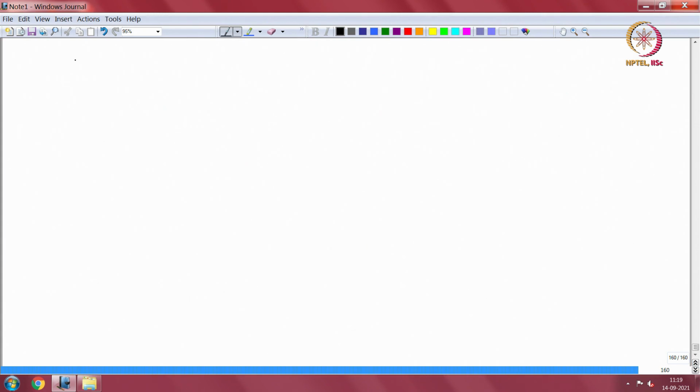Then, now what we will do is convert from rectangular to polar. Okay. So, what do I have here? I have kx is equal to kp cos theta, then I have ky is equal to kp sin theta.